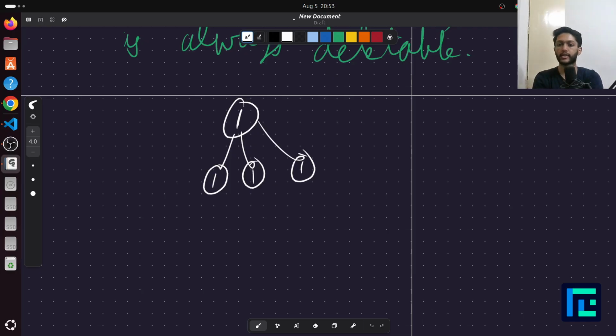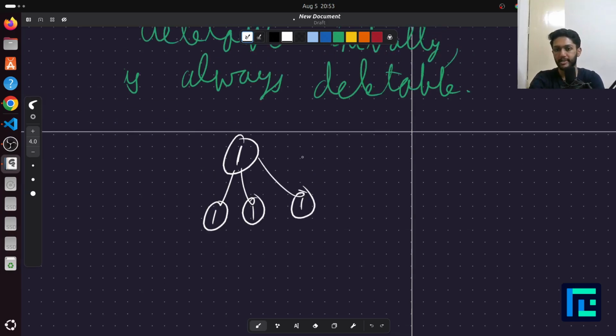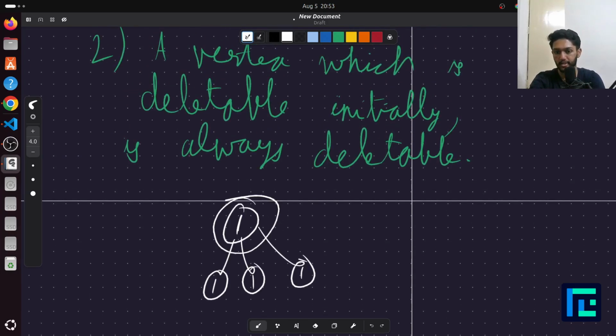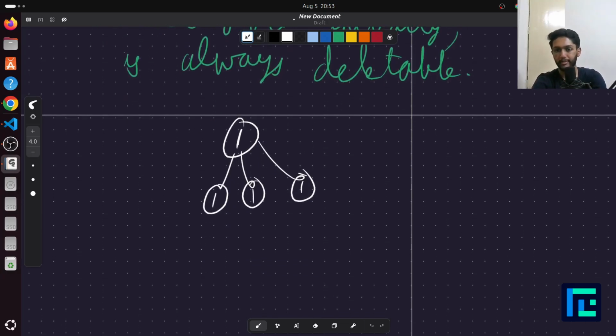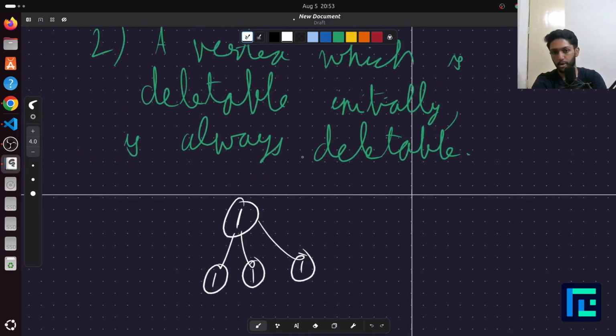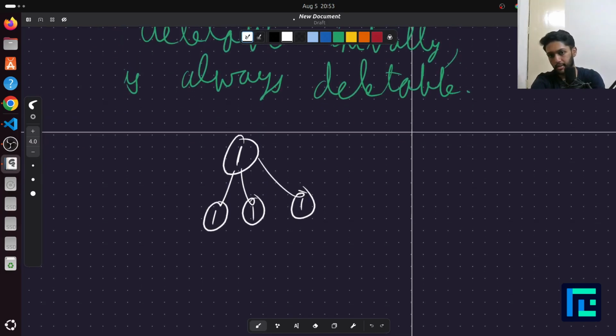So how will I prove this? This is also quite easy to prove. My claim is that a vertex which is initially deletable is always deletable. So why would this claim be wrong? It would be wrong if, after deleting something, some descendant becomes my child and it is 0.